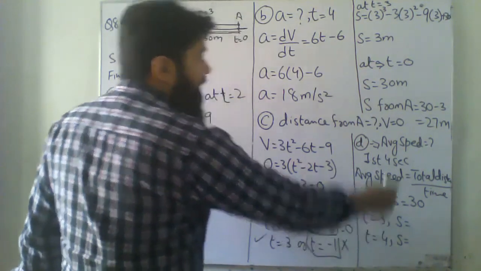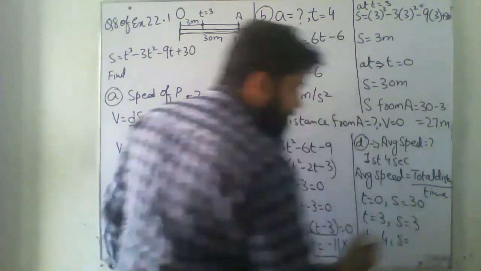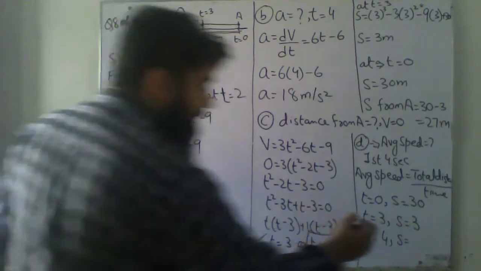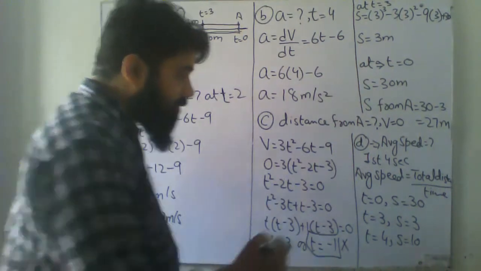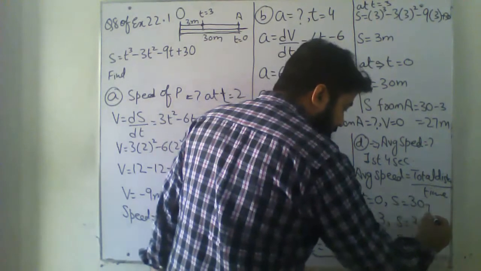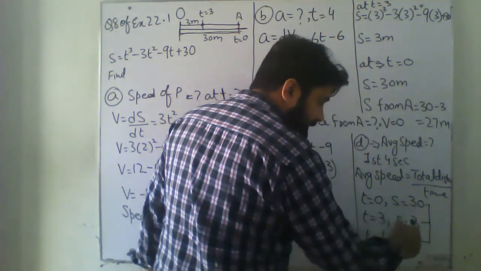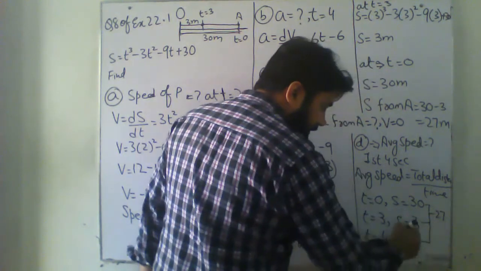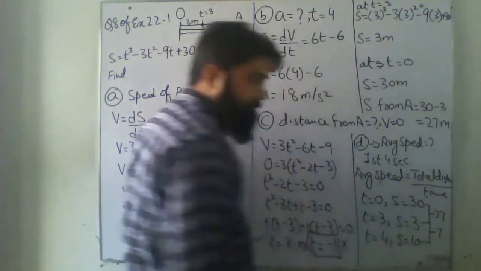When t was 3, my displacement was 3 meters, and at t equals 4, the displacement is 10 meters. Now find their differences. The difference between 30 and 3 is 27. The difference between 3 and 10 is 7.